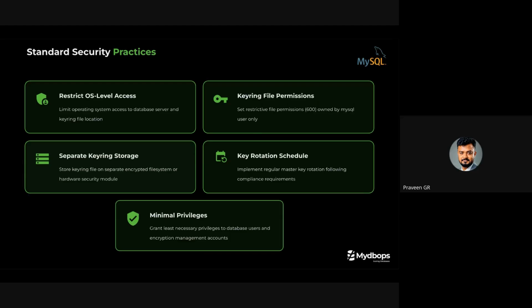Frequent keyring rotation will also be helpful. So even if there has been a breach, the new keyring will ensure that they can't retrieve the data. And even if some team needs host level access, then instead of restricting access, we can reduce the privileges that we assign to the particular user.